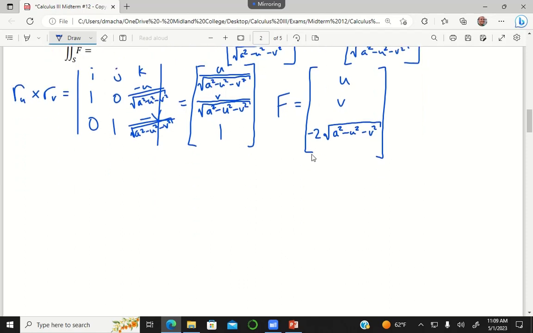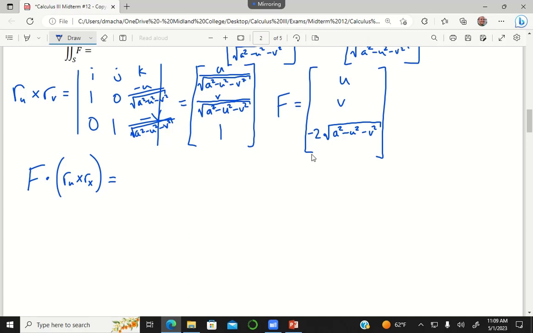And just as a side comment, remember that u is just x and v is just y, and so at this point we could replace all the u's and v's with x's and y's in the cross product too. We could have done that instead of that, but it doesn't really matter. You get the same answer either way. But again, the integrand of the formula that I want to use is the dot product between F and this cross product, r_u cross r_v.